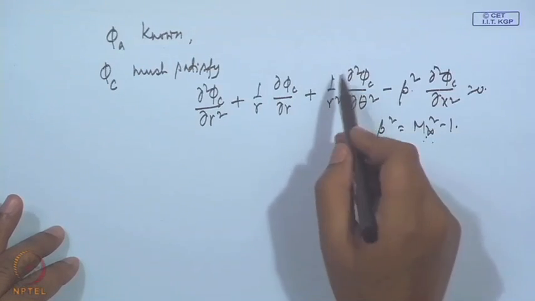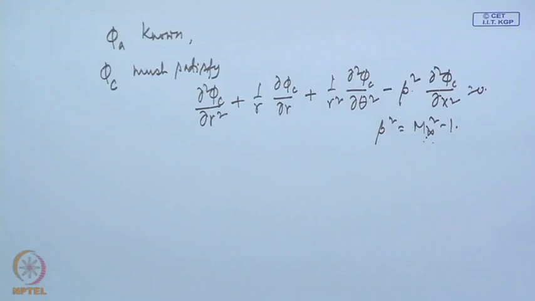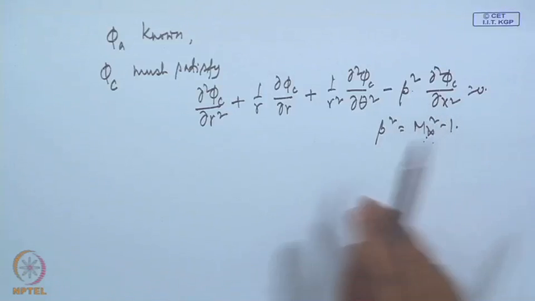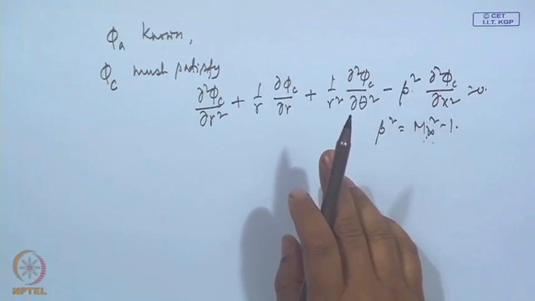One thing we must remember is that this supersonic flow equation is valid even if the component u c is subsonic, provided m infinity is supersonic. So, as long as the total flow is supersonic, even if the cross flow component is subsonic, the equation for supersonic flow is still to be taken.